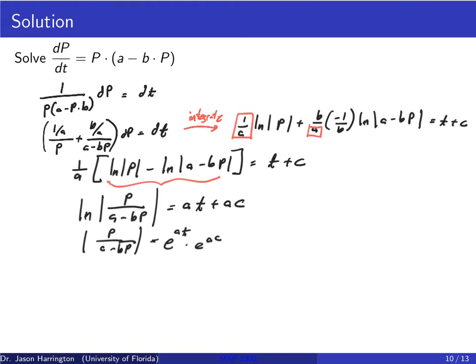And again, this part here is just a constant, which I will call C1. And again, it can be plus or minus because of the absolute values that we have in front. So then I have P divided by A minus BP is equal to C1 e to the AT.